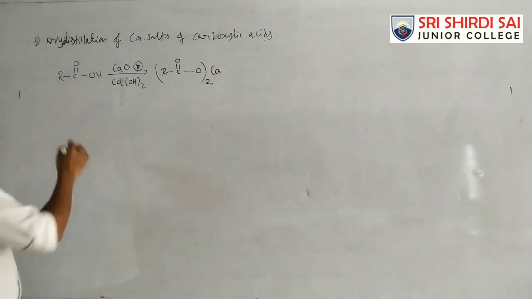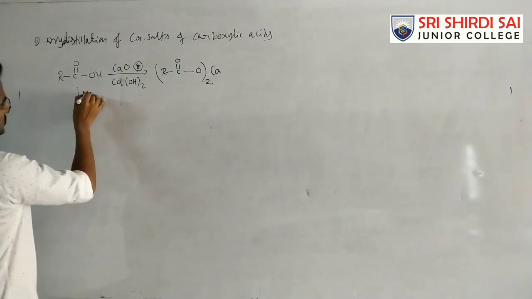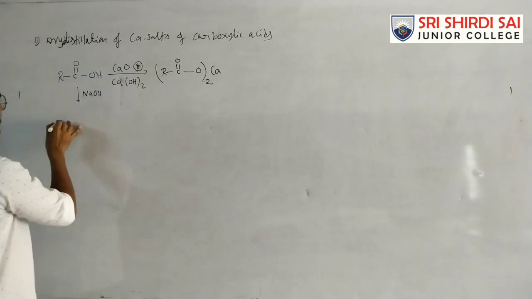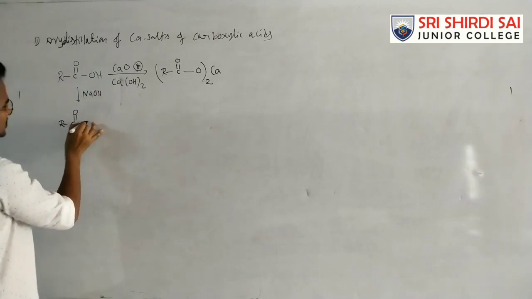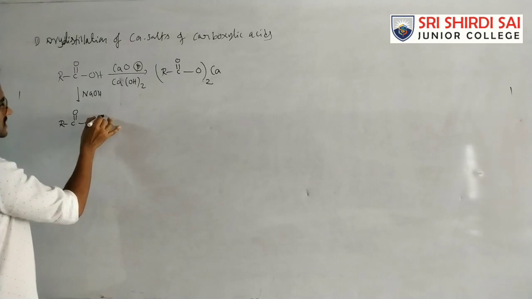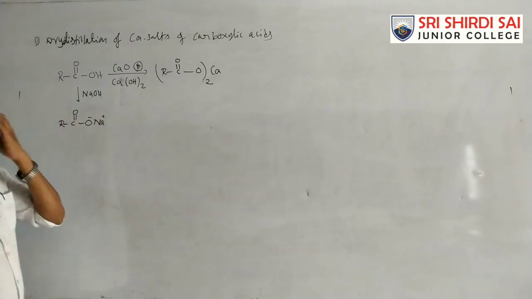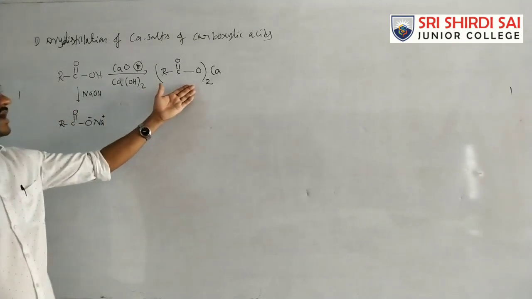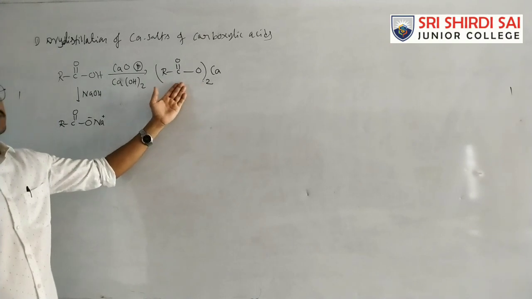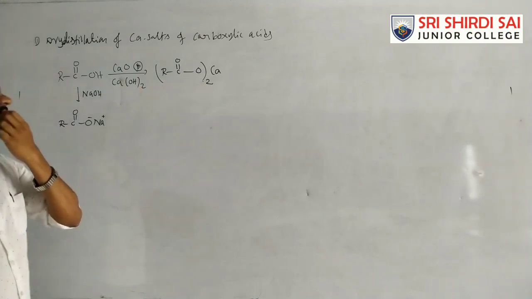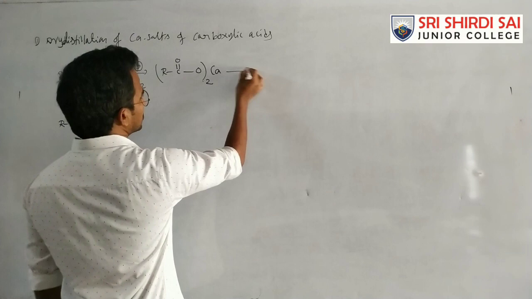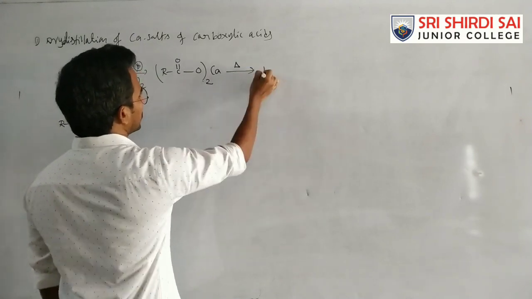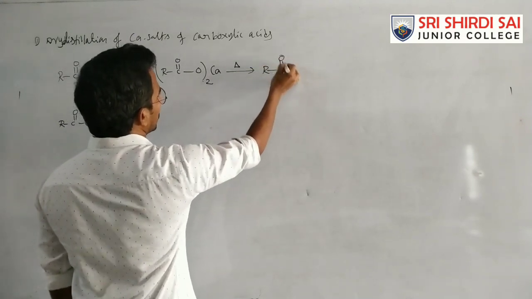For example, on treating with sodium hydroxide, acid base reaction takes place, RCOO Na plus, because Na plus is a monovalent, Ca plus 2 is a bivalent. That's why calcium dicarboxylate.